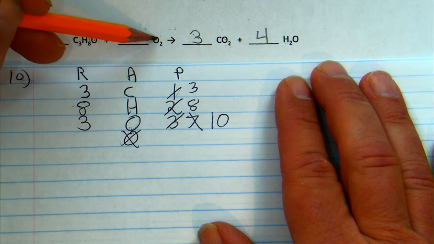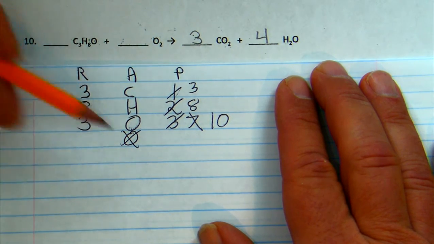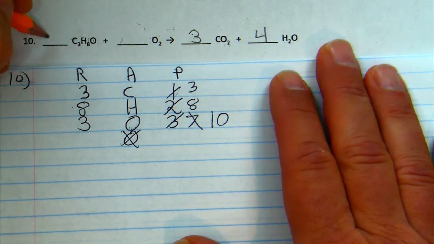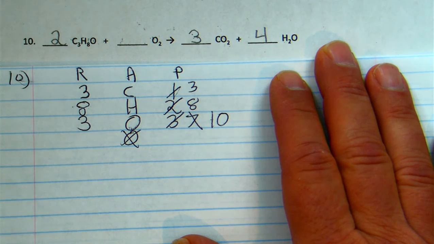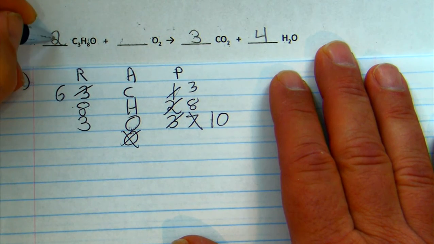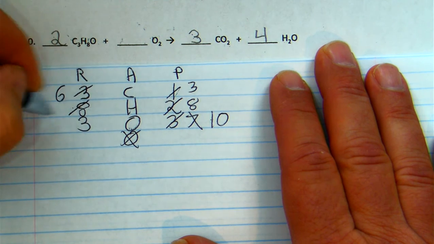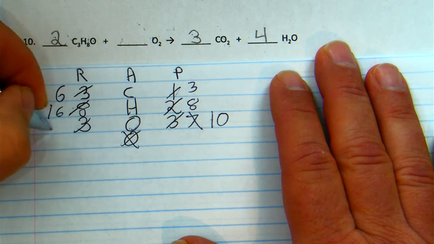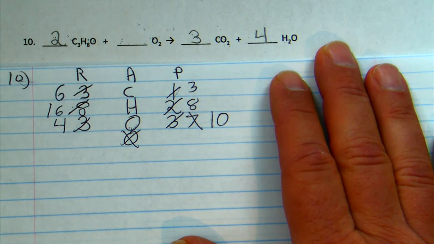So 2, 4, 6, 8 plus 1 just doesn't get me to 10. I'm going to try doubling this molecule on the left. Wow, so now I have 6 carbons on the left. I have 16 hydrogens on the left. I have 2 plus 2, I have 4 oxygens on the left.